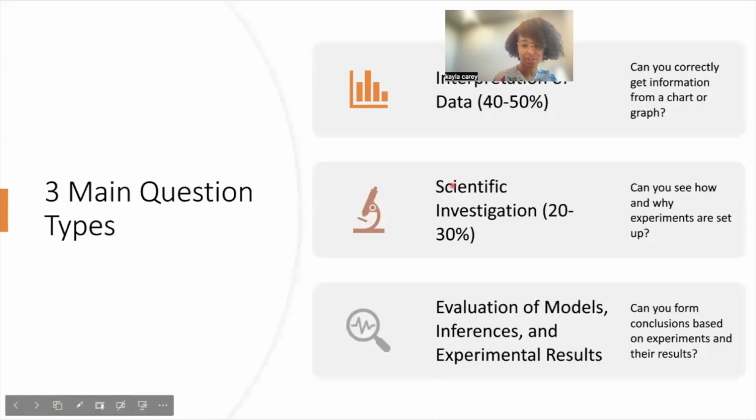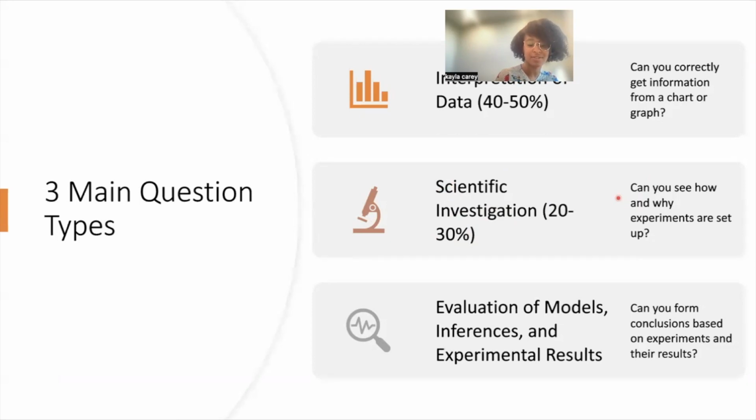Now you're going to have your scientific investigation questions, 20 to 30%, which asks, can you see how and why experiments are set up? So for these, you have the information, but remember, there can be many different experiments, basically saying, okay, what did they do in experiment 1 versus experiment 2?